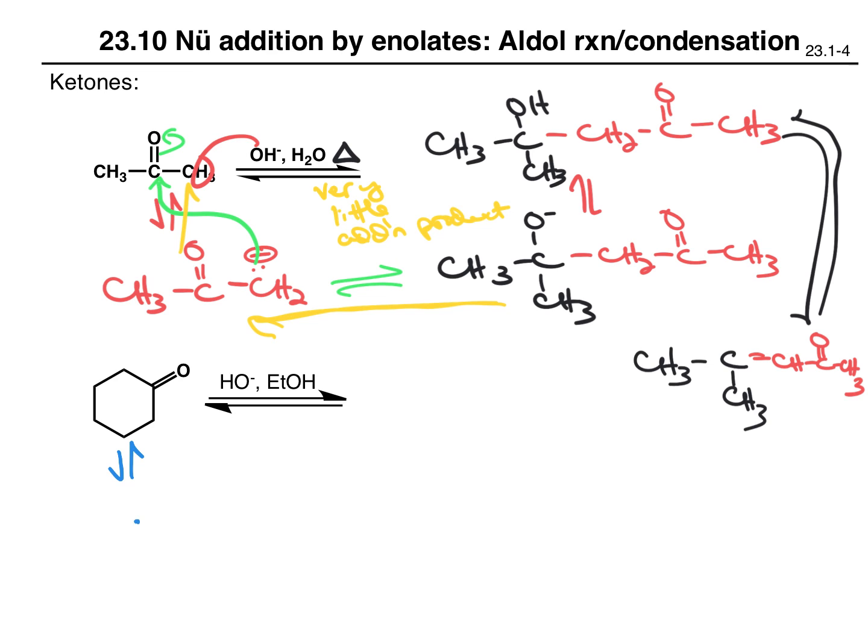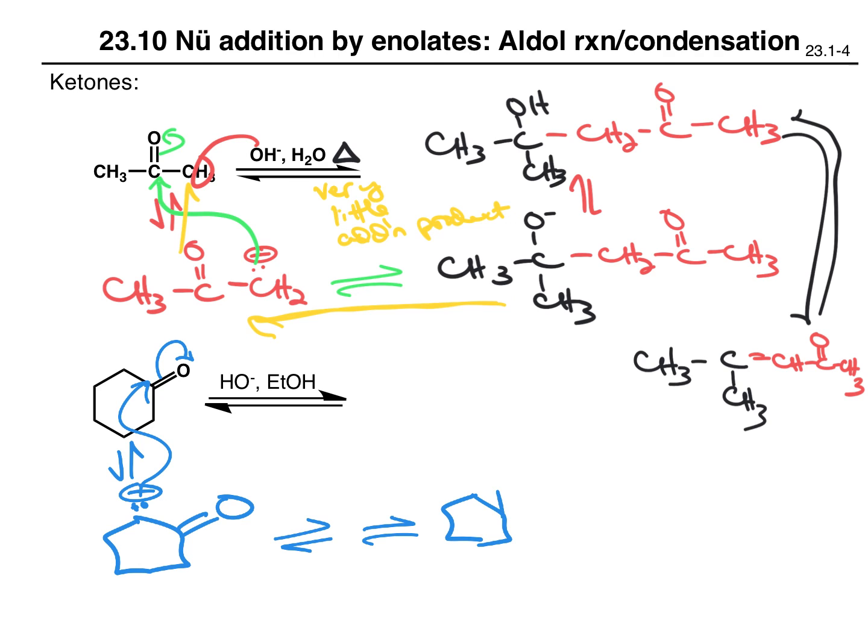Here's one more quick example. From here we can generate this enolate, and this enolate can share its electrons here, leading to this aldol product, and leading to that. Because of the unfavorable equilibrium, this can be obtained in maybe about 20% yield.